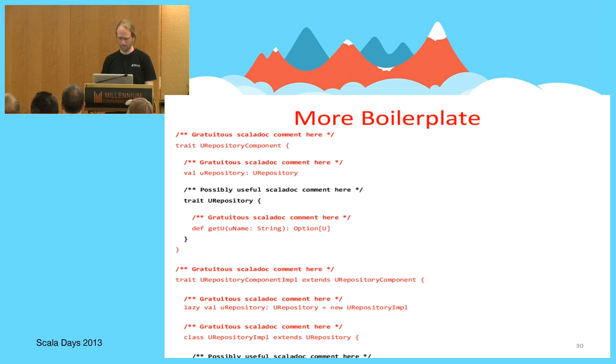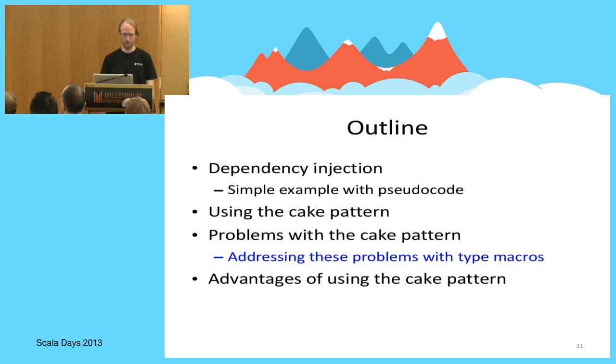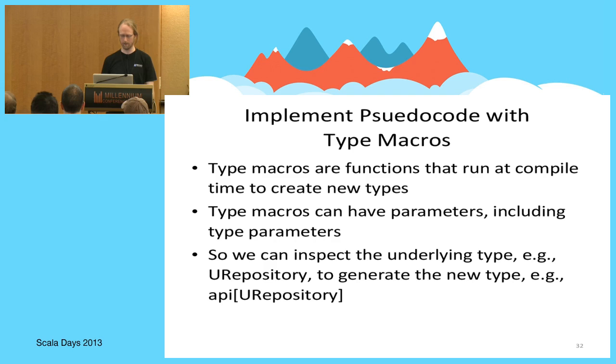So what are we going to do about this? We're going to address some of these problems we have with the cake pattern using type macros. If you went to the last talk, you might have heard more about this. A type macro is a function that runs at compile time in order to create new types.